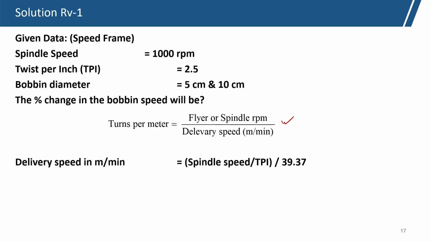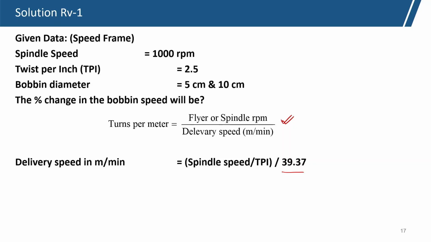So, delivery speed in meter will be spindle speed by TPM, and this is in inch, and if we want to convert into meter, divide by 39.37.